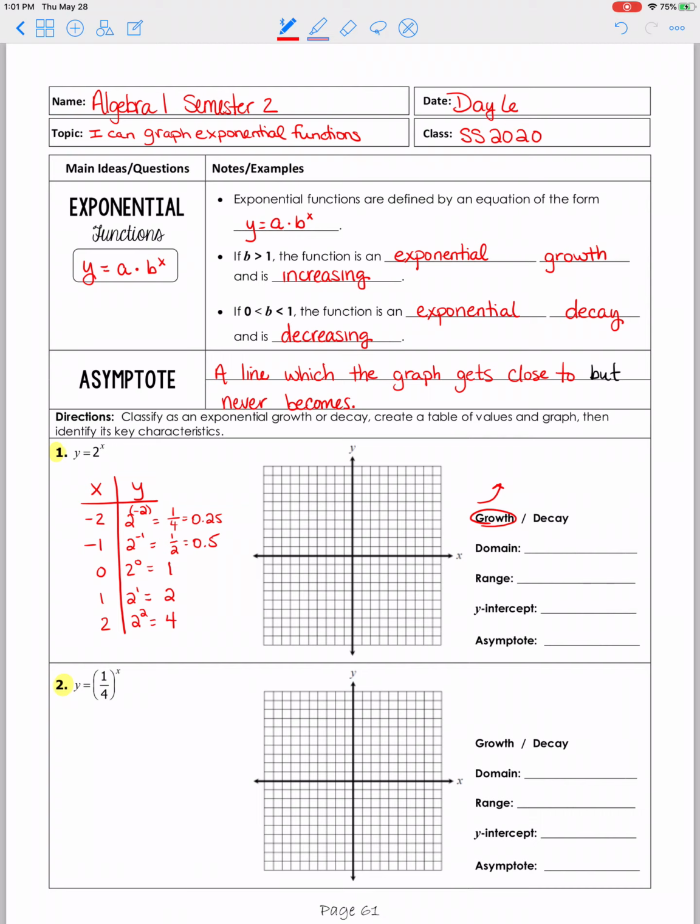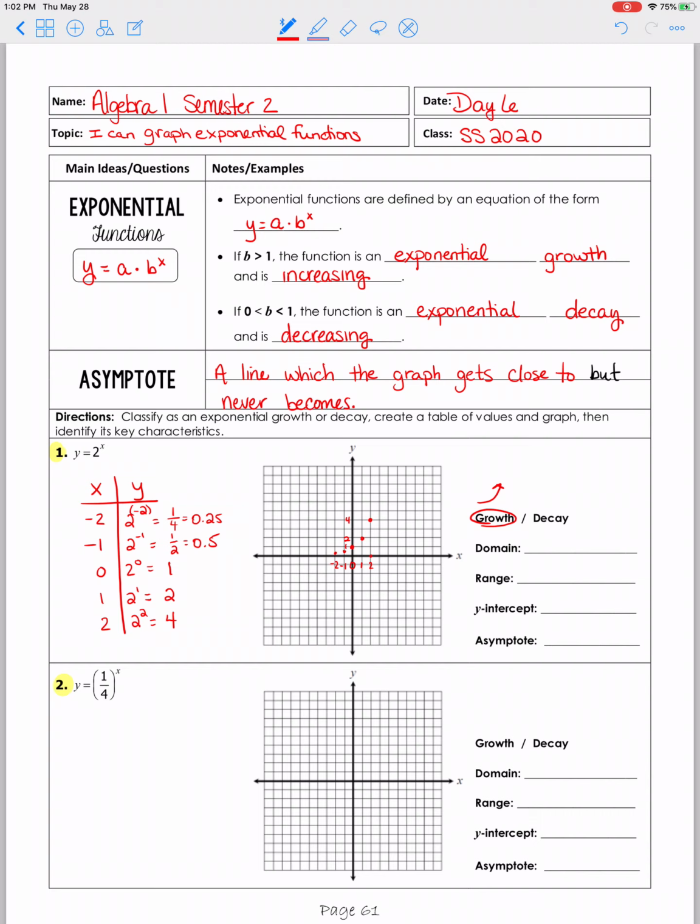When x is -2, y is 1/4, so I'm going to put it pretty close to the x-axis. When x is -1, y is 1/2. When x is 0, y is 1. When x is 1, y is 2. And when x is 2, y is 4.